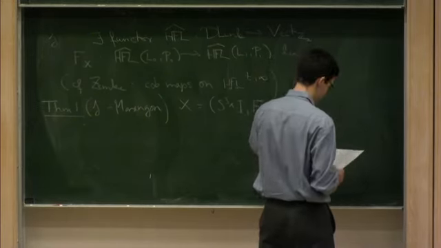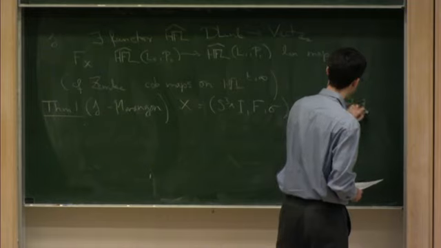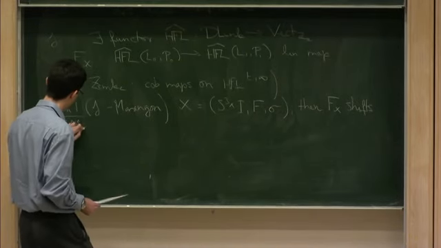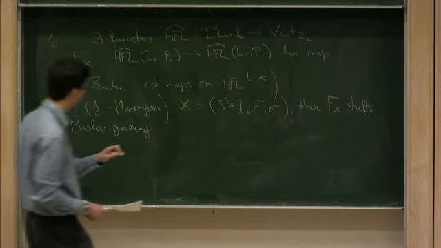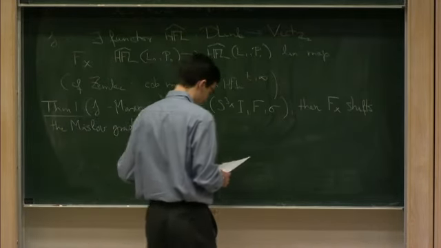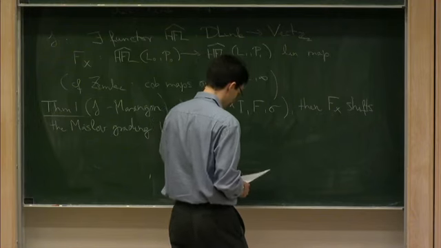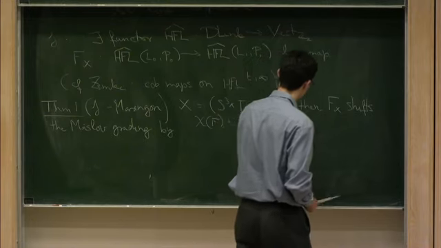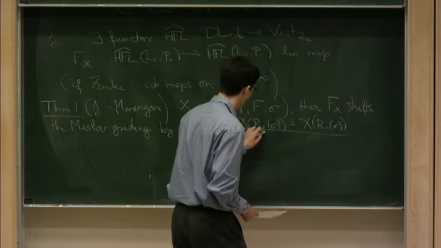Then f of x shifts the Maslov grading, so this is the homological grading on this homology theory, by the Euler characteristic of F plus the Euler characteristic of R plus of sigma minus the Euler characteristic of R minus sigma, divided by 2.